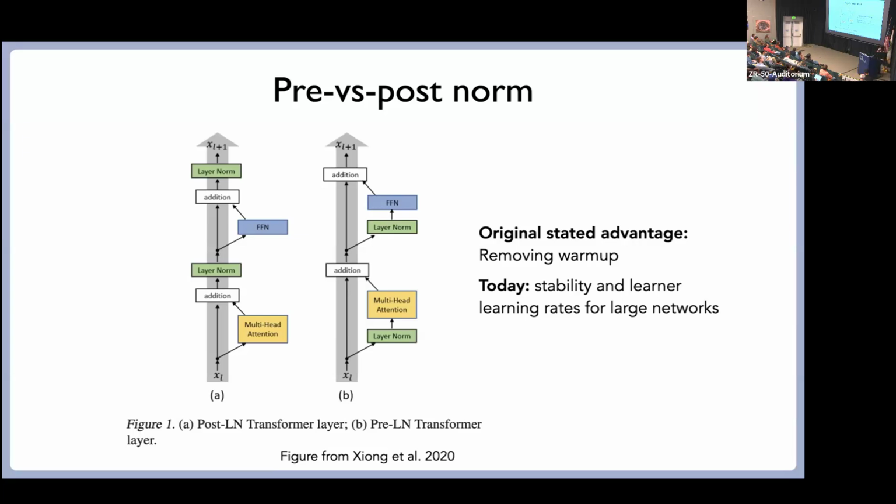This idea first came from a 2020 paper, which stated that the benefit is removing warm-up. But nowadays, for practitioners, prenorm is found to make training more stable and to allow a higher learning rate, which apparently makes large language model training more efficient.